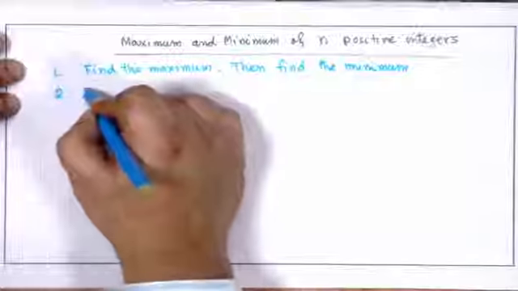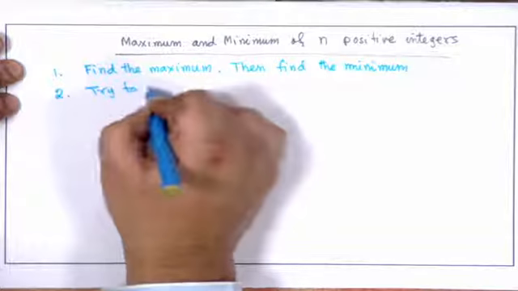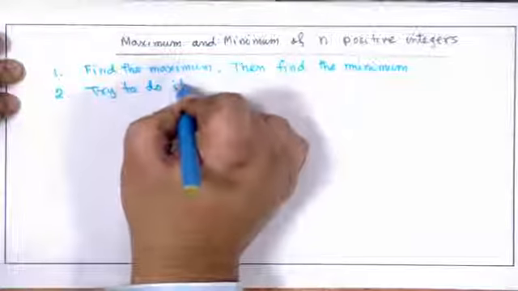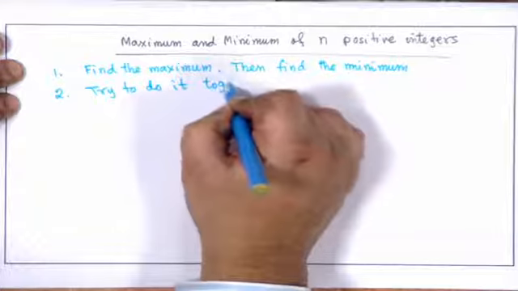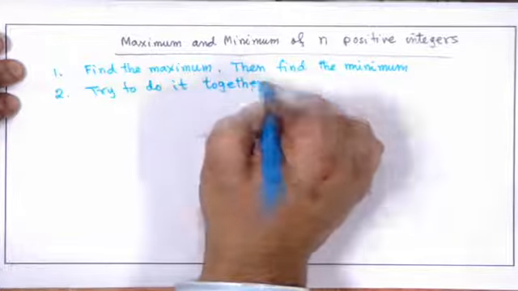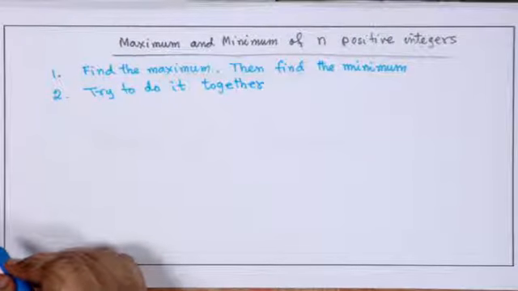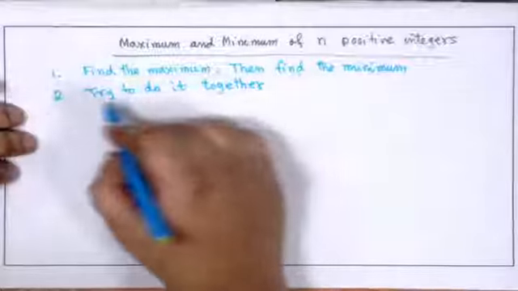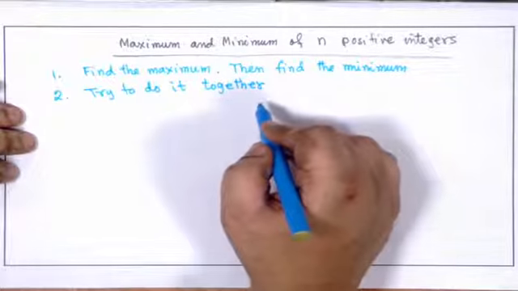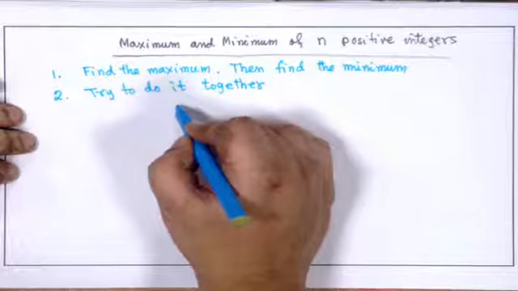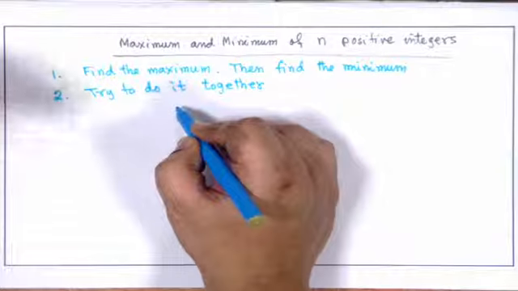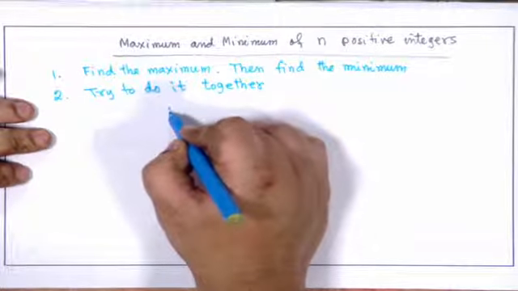Some others will try to do it together. So, once you try to do it together, how will they do it together? Those who are good at programming would read two elements. So, they would do what?